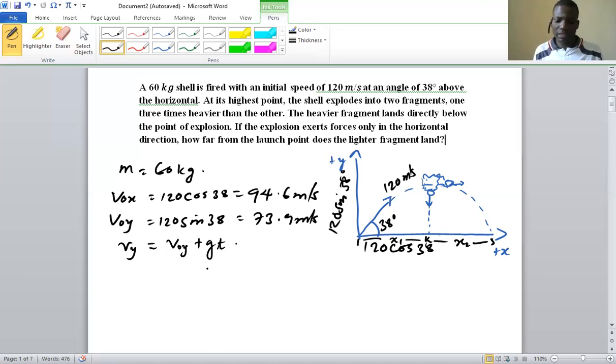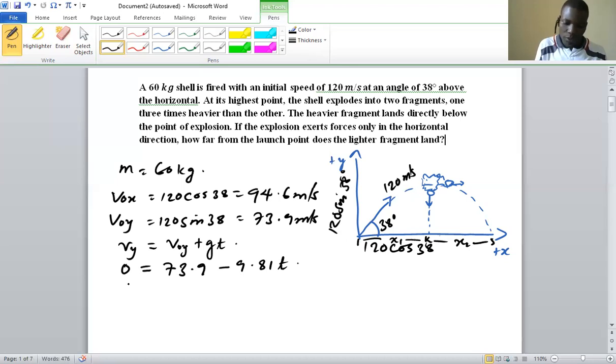It's against gravity, so the gravitational acceleration is going to be negative in this case. So here we have 0 equals 73.9 minus 9.81 times time t.